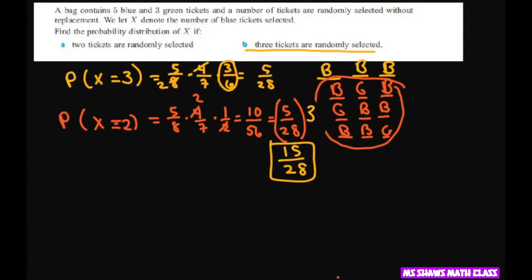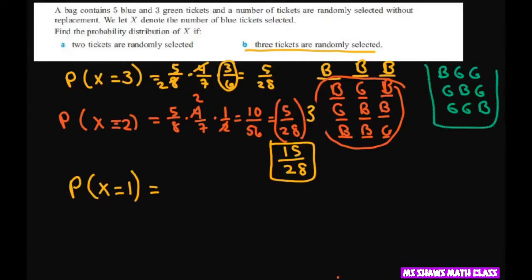Now, we can also do the probability of X equals 1. That means you only have 1 blue, so 1 blue, 2 greens, or green, blue, green, or green, green, blue. All we have to do is do it once, but since we have 3 possibilities, we multiply that by 3.